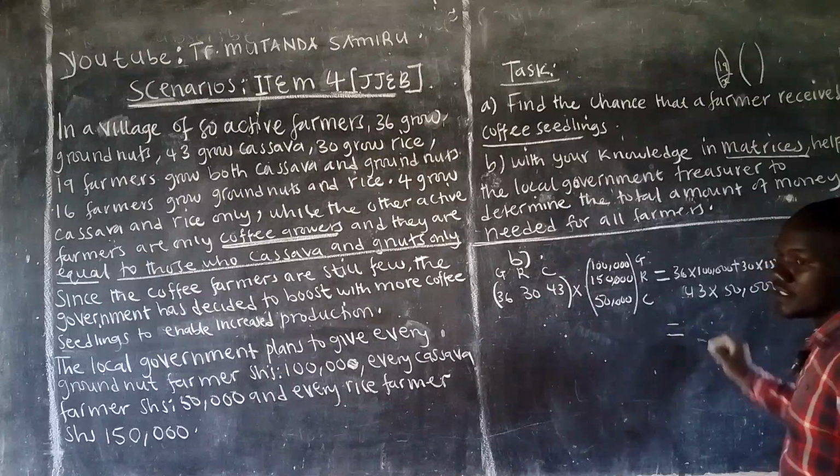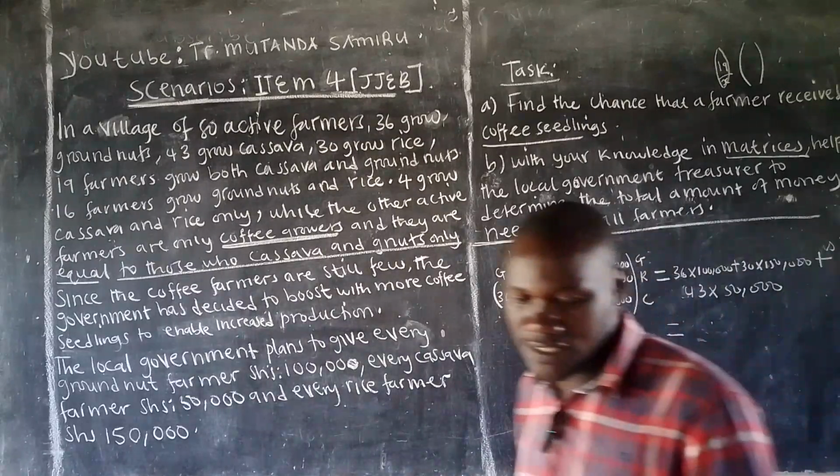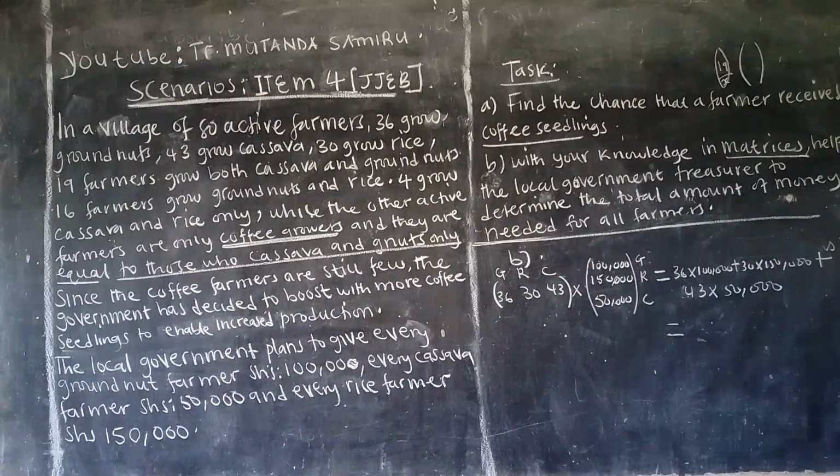All right, great. Let's multiply that, add, and find that answer. Now, on your calculator, please, you can as well get your calculator and you start pressing. You see which answers will come up when you try to multiply that.